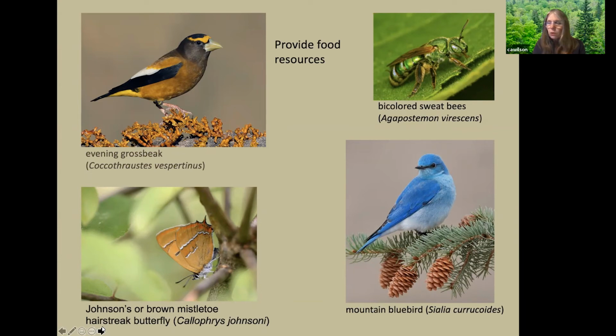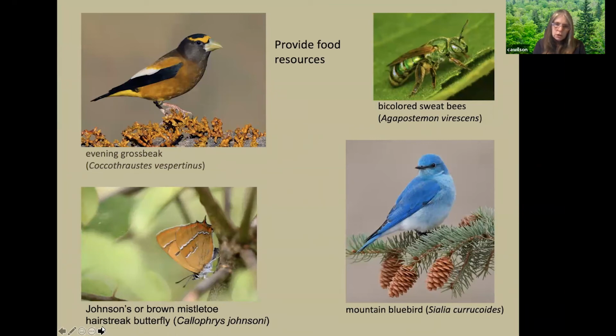There are a number of butterflies that use the nectar of the mistletoe, but also quite a few of them lay their eggs on mistletoe leaves or under mistletoe leaves, and the larvae then will eat the mistletoe when they hatch out.